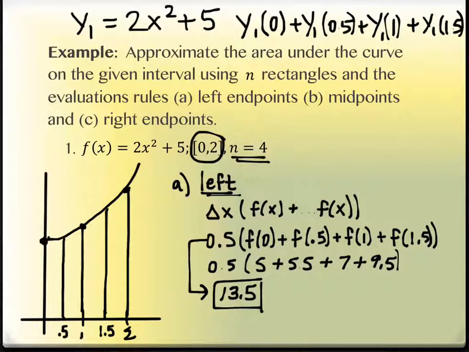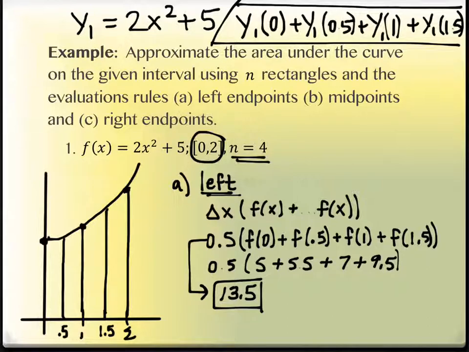You can tell your calculator to do that. In other words, you don't need to find the individual values and then add them. Your calculator can do that all in one step. That's pretty cool, right? So let me show you how you do that.